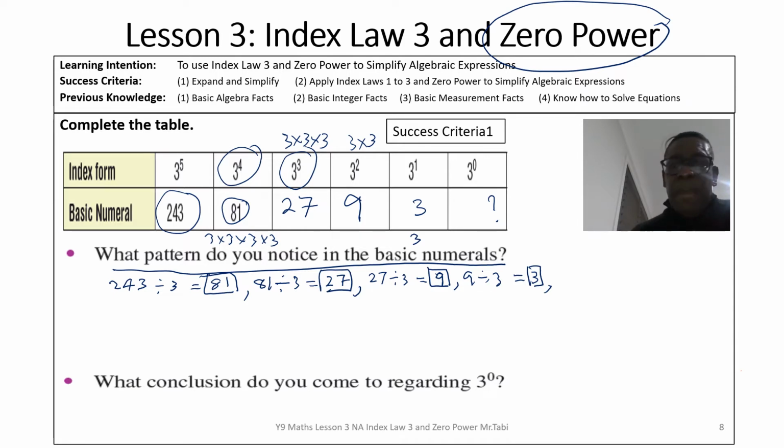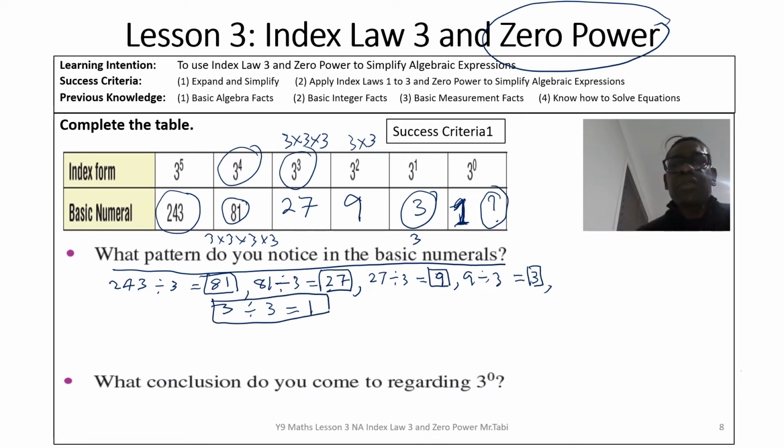So if that pattern will continue, then to find 3 to the power of 0, all I need to do is take the preceding 3 here and divide by 3, and that is equal to 1. So 3 to the power of 0 is simply 3 divided by 3, which is 1.